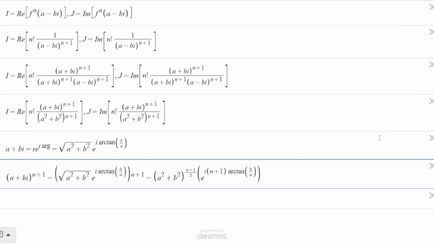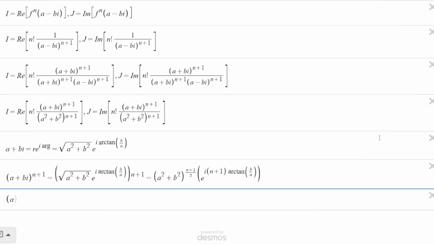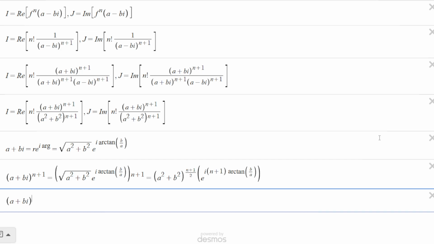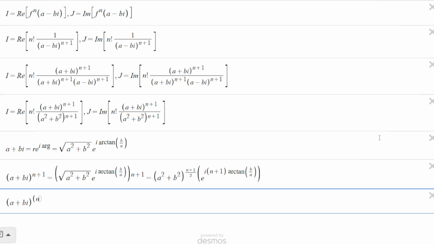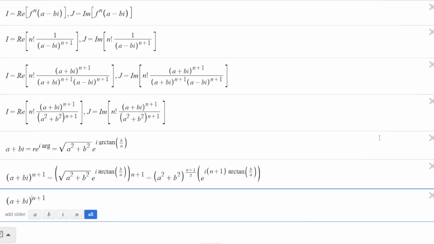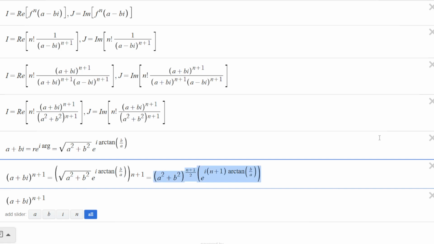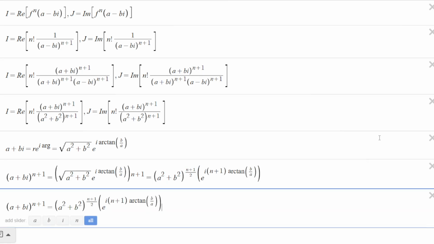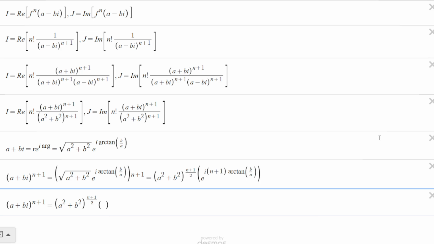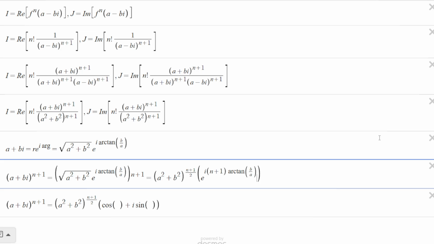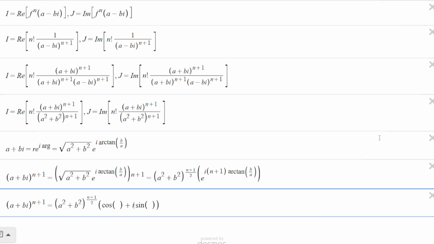Now let's go a little bit further and say that a plus bi to the n plus 1 power, let's actually split this up. Let's use Euler's formula on this. So this is going to be cosine of something plus i sine of something, where our something is this thing after the i here.